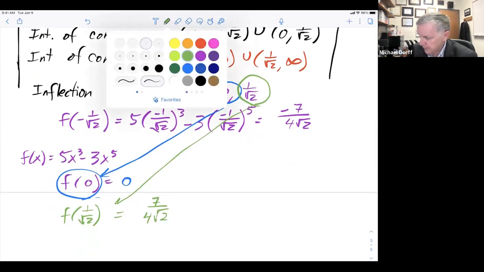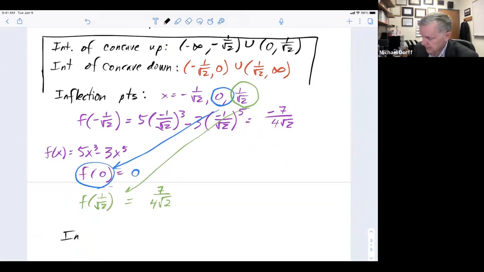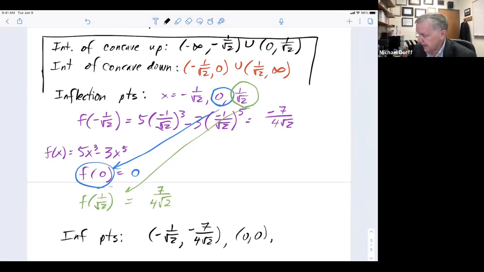So my inflection points are going to be negative 1 over square root of 2, comma, negative 7 over 4 square root of 2; 0, 0; and 1 over square root of 2, comma, 7 over 4 square root of 2.